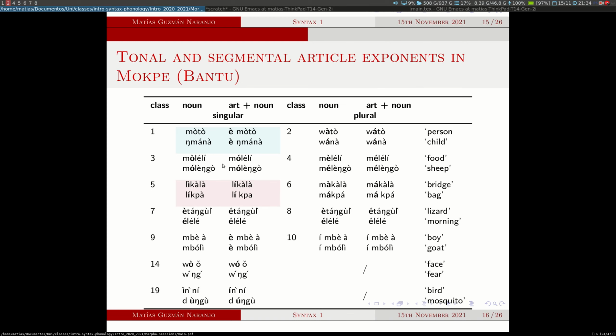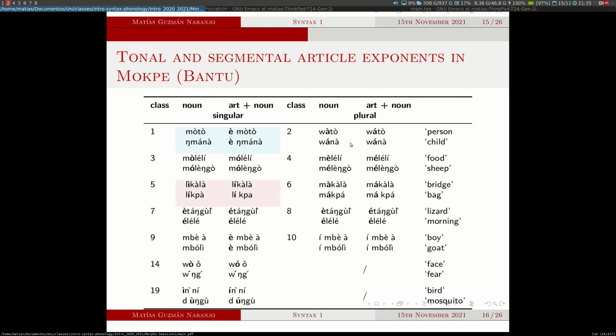Same idea for class 3 and class 4. Class 10 has a different separate word for the article. The very important point here is that morphology can alternate with independent words for certain things, and it doesn't have to be segmental.